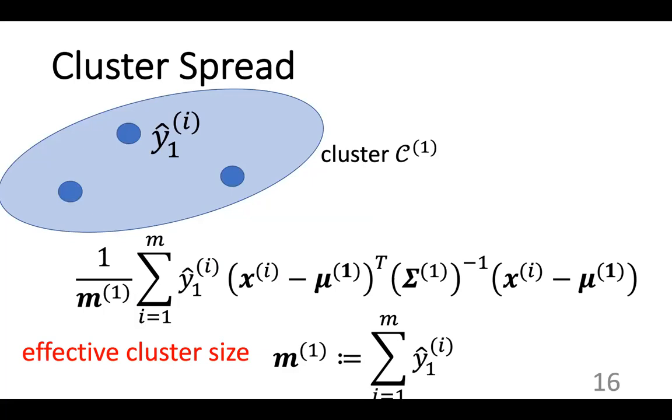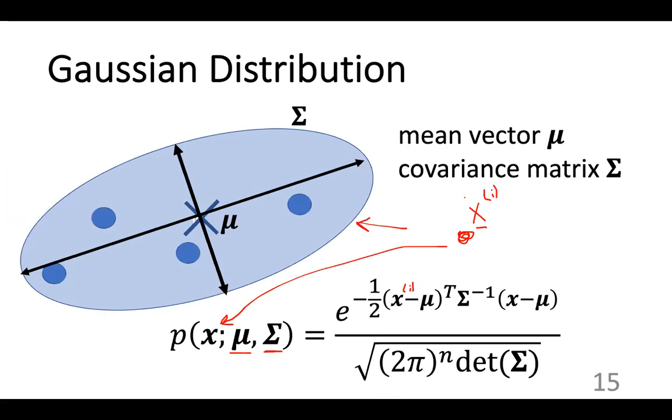Once we accept that, let's represent the cluster by a Gaussian distribution, the next question is, what's a good choice for the mean vector mu and the covariance matrix sigma?